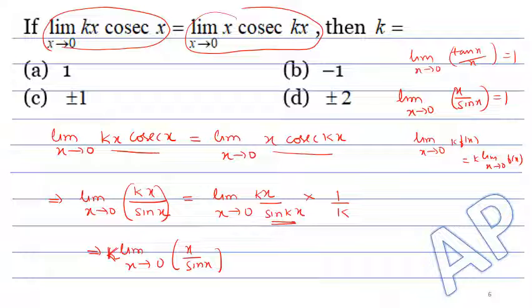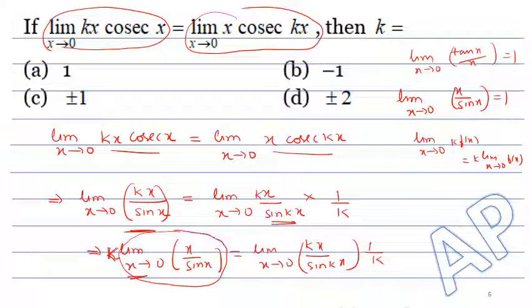I have applied that property here on the left hand side, that is k into limit as x tends to 0 of x by sin x, which is equal to limit as x tends to 0 of kx by sin kx into 1 by k. It is 1 by k here. So now this value is 1 here.